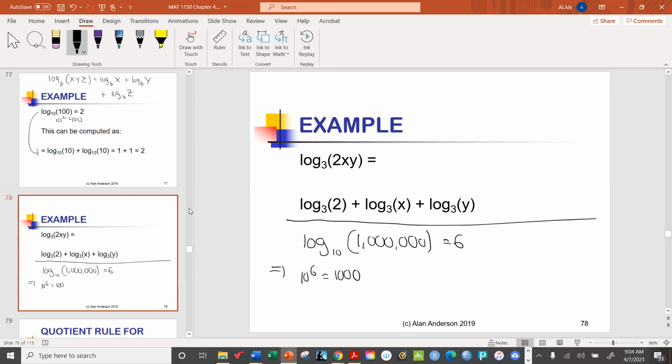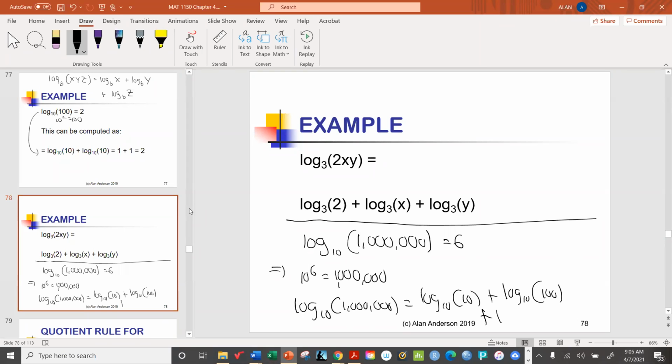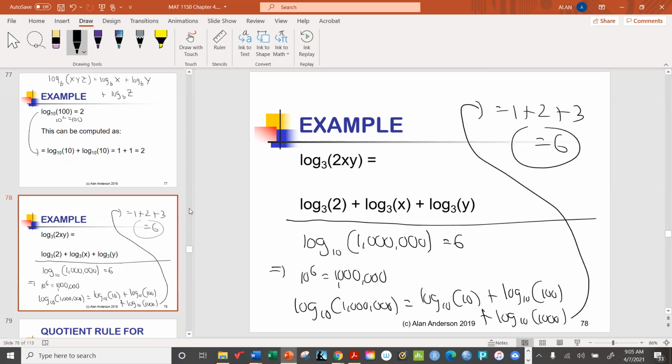But what I could have done here is I could have written this as log base 10 of 10 plus log base 10 of 100 plus log base 10 of 1,000, because the product of 10 times 100 times 1,000 is in fact a million. And that means I've got 1 plus 2 plus 3 equals 6.